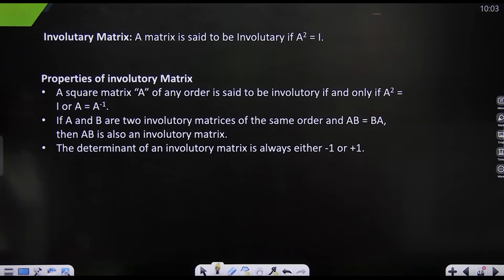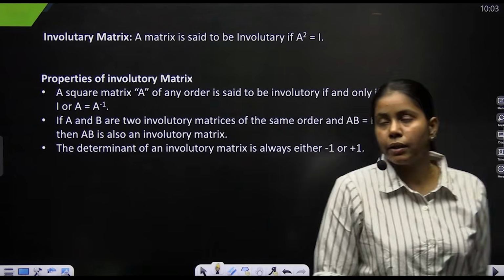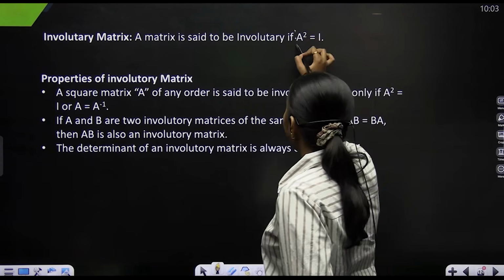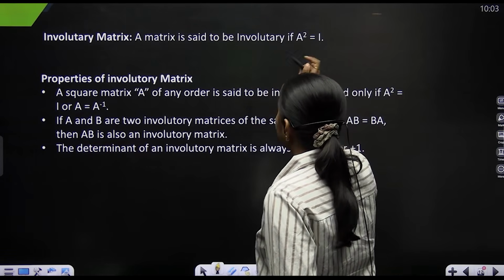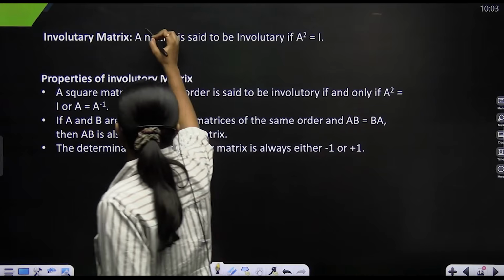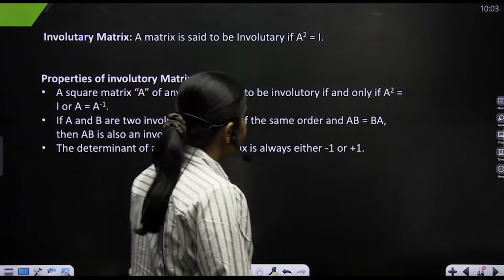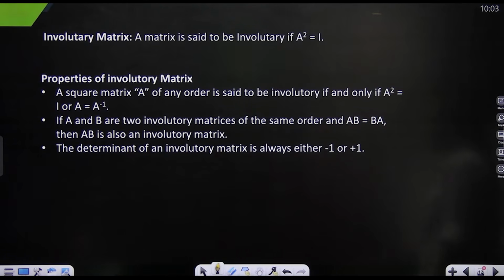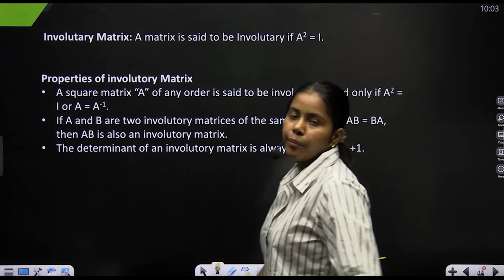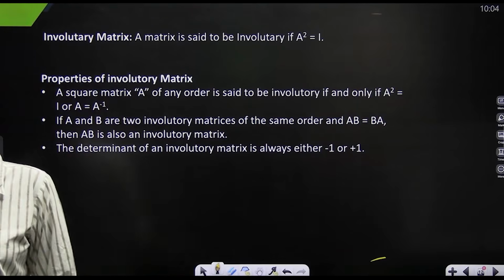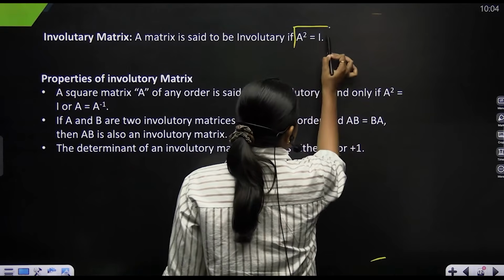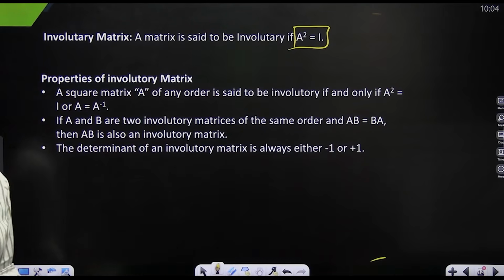Next we have the involutory matrix. Any matrix in which we have A square equal to identity. If I take a square of a matrix and it becomes identity, then it is my involutory matrix.